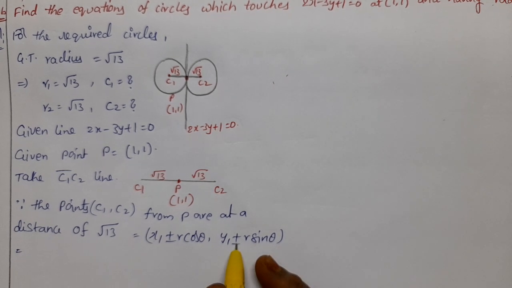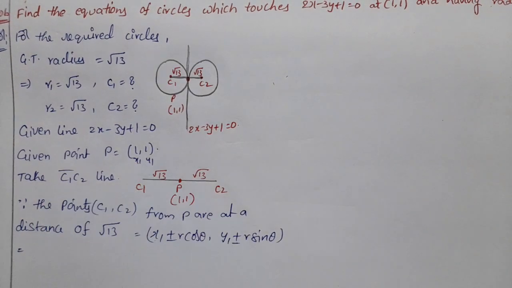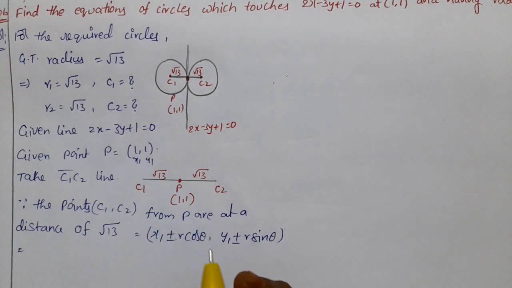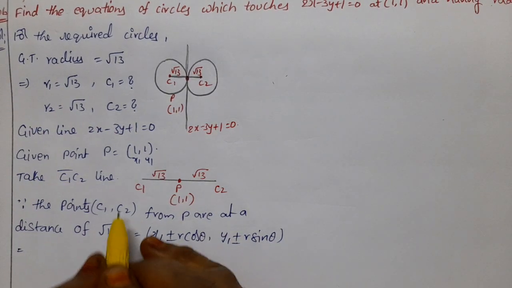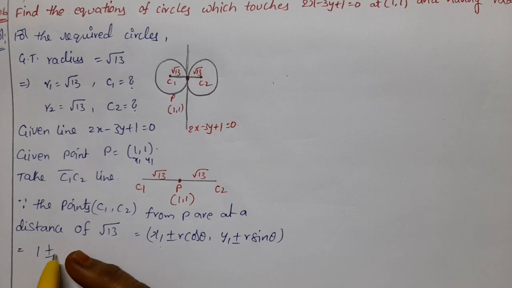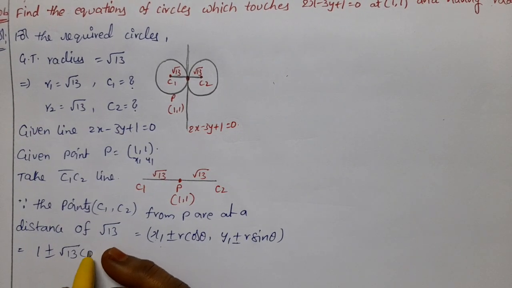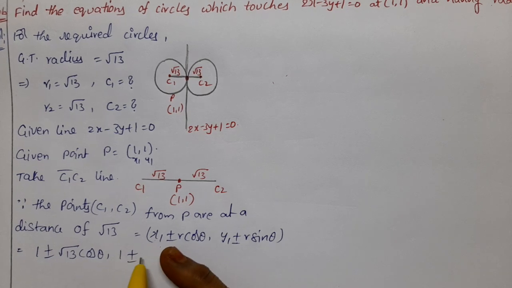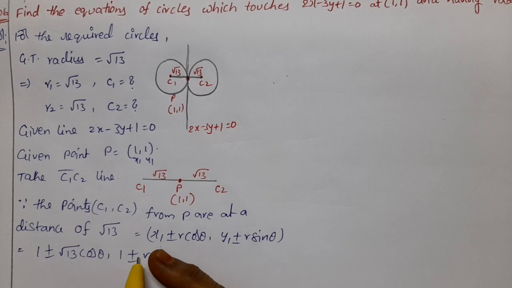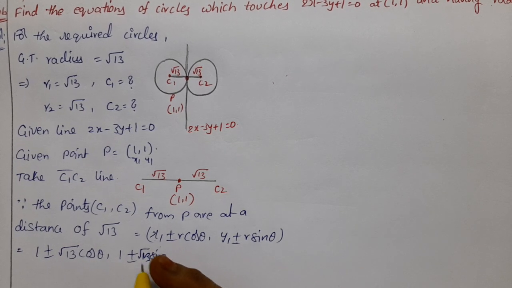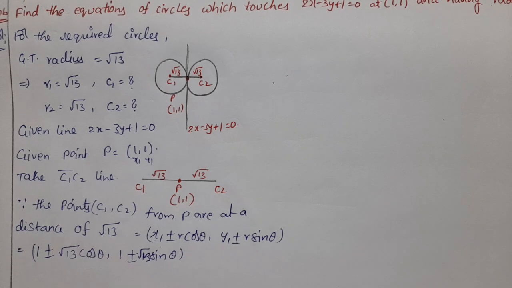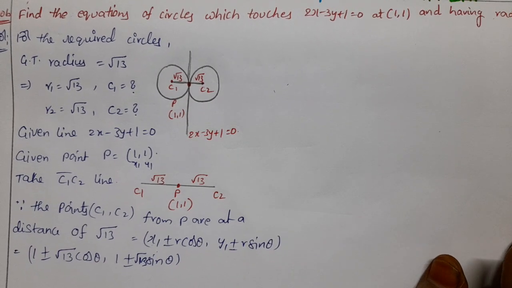Here x1, y1 can be taken as the point P, and r is the radius. So 1 plus root 13 cos theta, 1 plus root 13 sin theta.